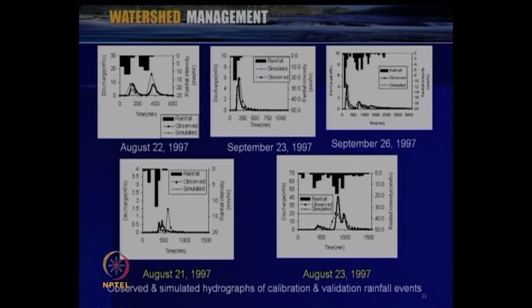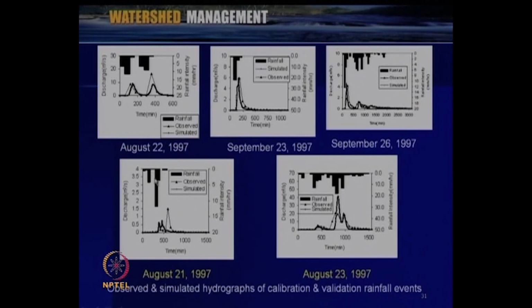So, this shows at the outlet of the watershed for the 3 calibrated events and 2 validated events, with respect to the rainfall pattern which is shown as rainfall intensity in millimeter per hour, how the discharge is varying at the outlet of the watershed. And then these results were compared with the observed data also.